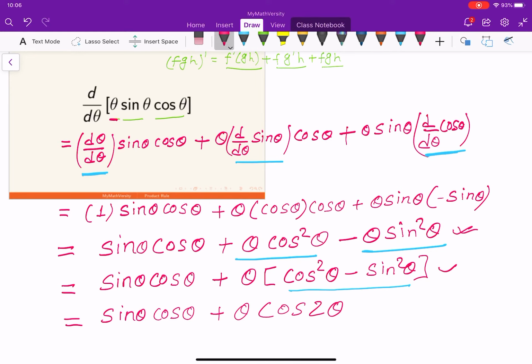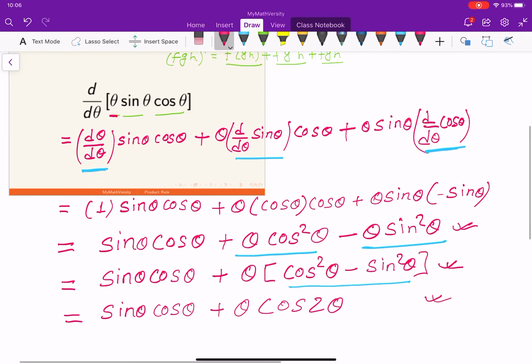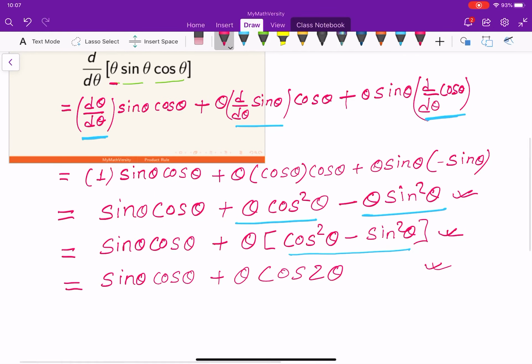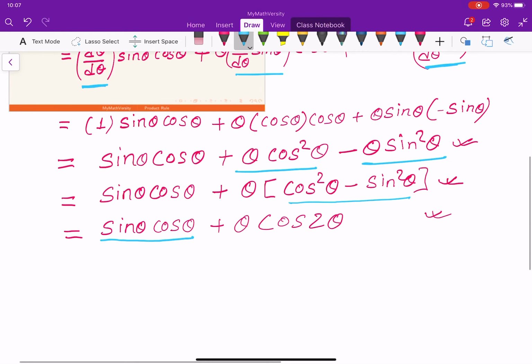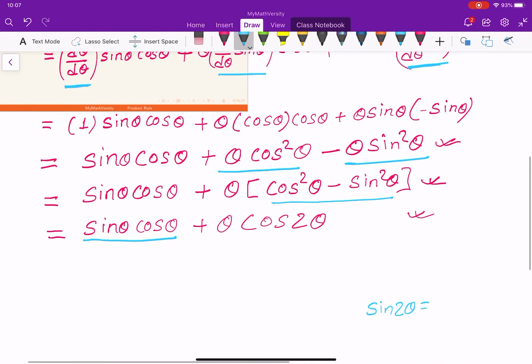So one of these could be one of the alternative derivative forms, but still if you know the half angle identity, actually we can also do something else over here. So this is sine theta times cosine theta, and we know that sine 2 theta is the double angle formula. Sine 2 theta is equal to what, 2 times sine theta times cosine theta.